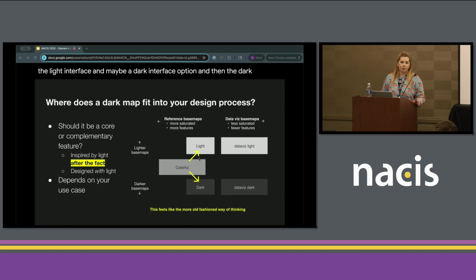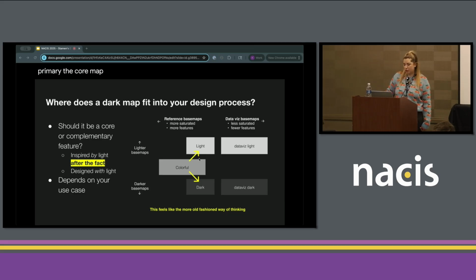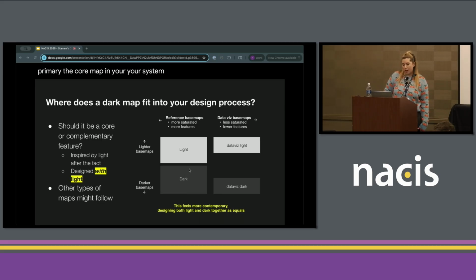And then the dark comes afterwards, so they have a relationship, but light is the primary, the core map in your system. But I think it's better when they're designed together, because then you're not just inheriting all of the problems in your light map into your dark map, but you're thinking about them as a whole system together.